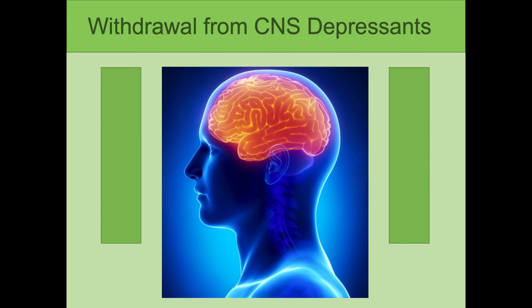So when someone is going through withdrawals, what we need to look at is that the CNS as a whole is always trying to strive for homeostasis. So it's always trying to have a balance between a stimulating neurotransmitter and a sedating neurotransmitter, so an inhibitory neurotransmitter and excitatory neurotransmitters.